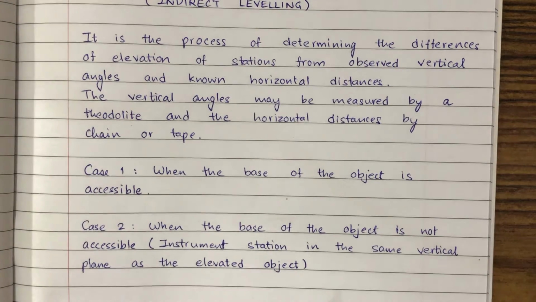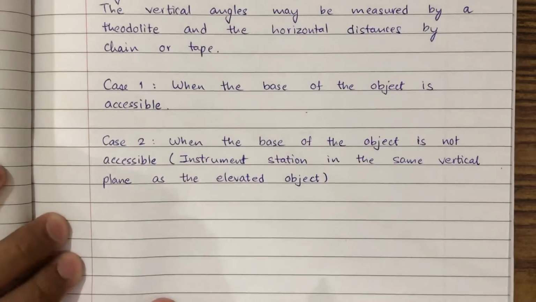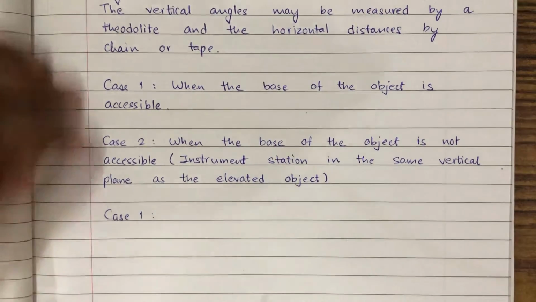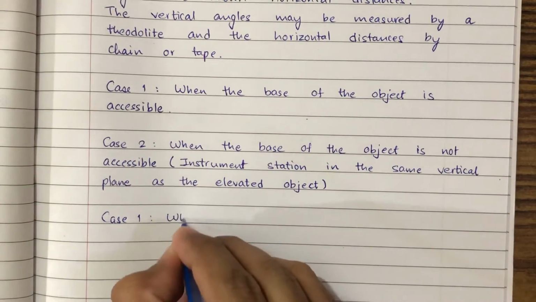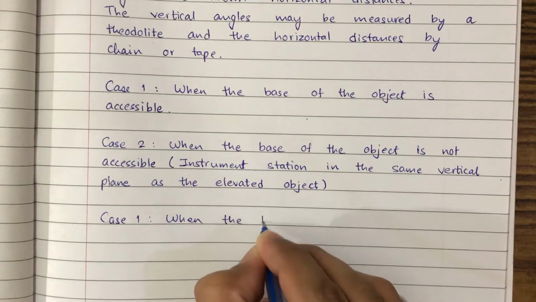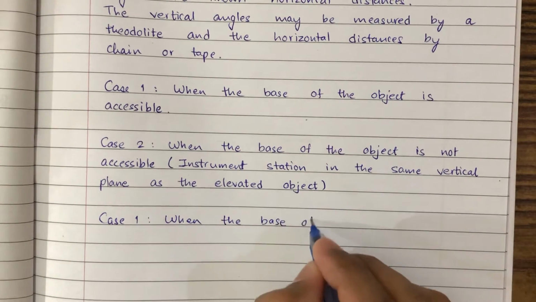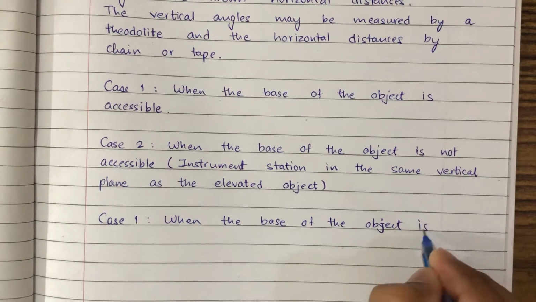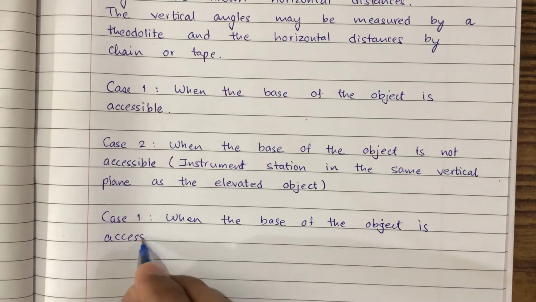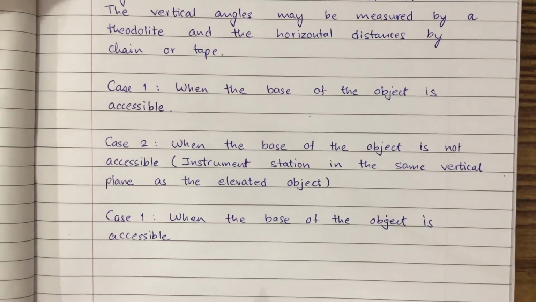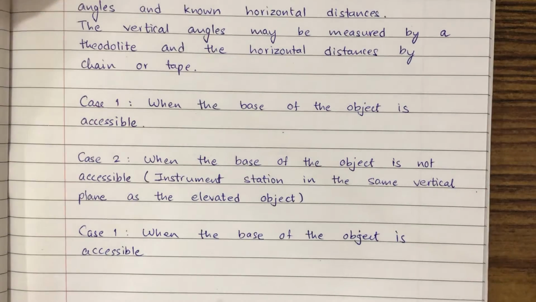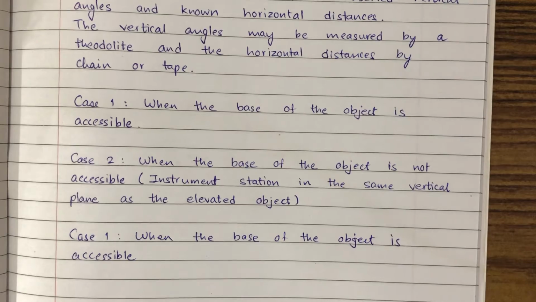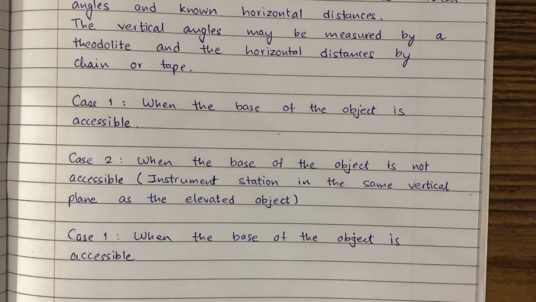In this lecture we will see the first case, case 1, when the base of the object is accessible. This means that the horizontal distances can be measured quite easily. So, this is a figure.